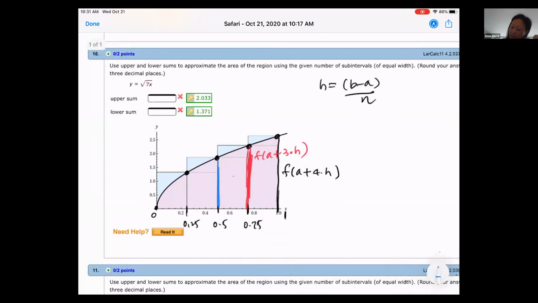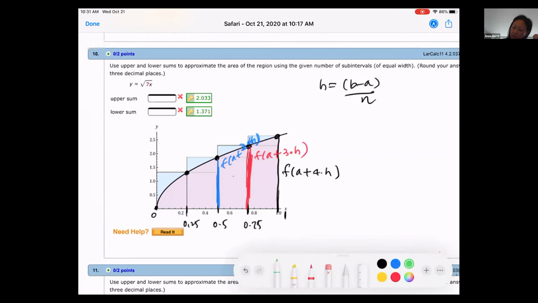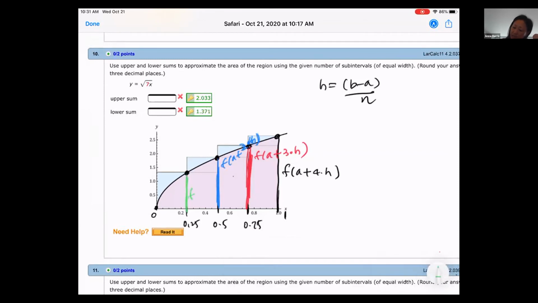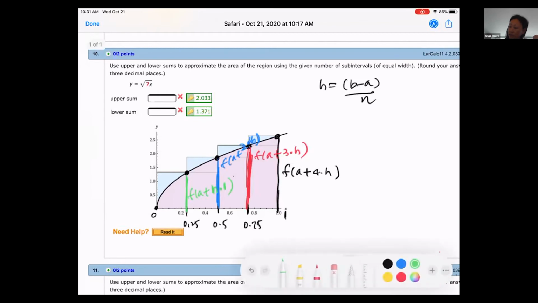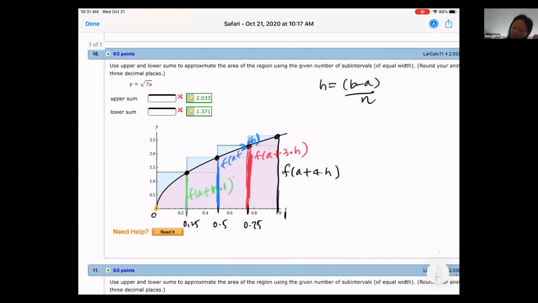This height right here is f of a plus 2 times h. And over here, that height is f of a plus h times 1. The last one over here, that height is f of a plus h times 0. You don't have anything, just the first one. So that's why I just put f of a.